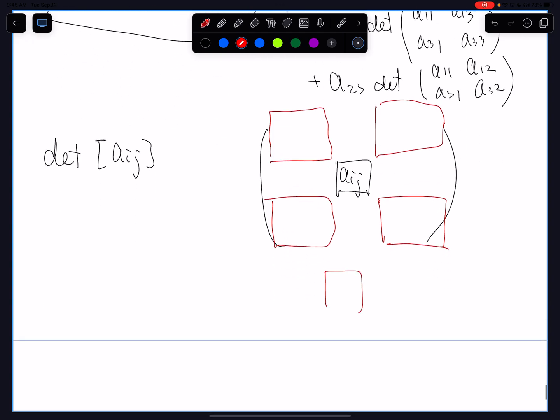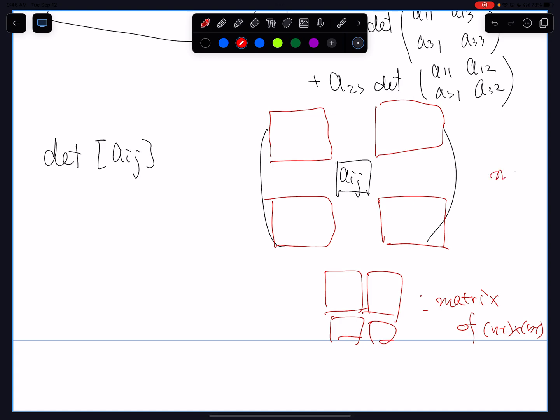So you add these red squares, you get a matrix of n minus 1 times n minus 1, right? I'm just removing a column and a row. So a matrix where one column and one row is removed will be a matrix of n minus 1 times n minus 1, when this is a matrix of n times n, okay?